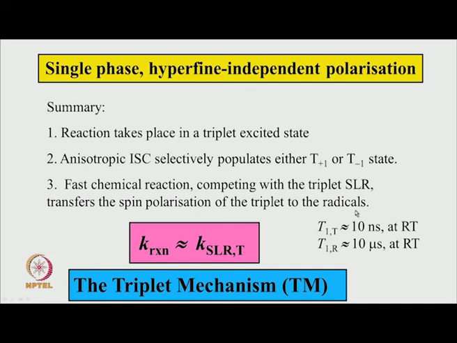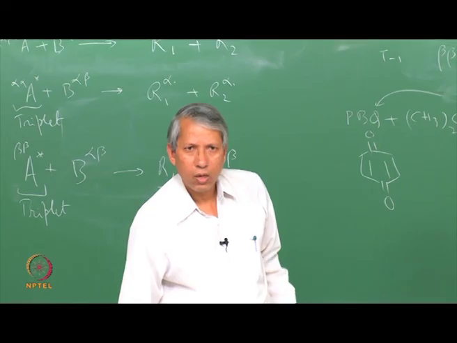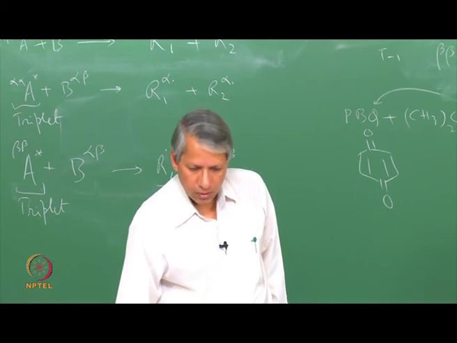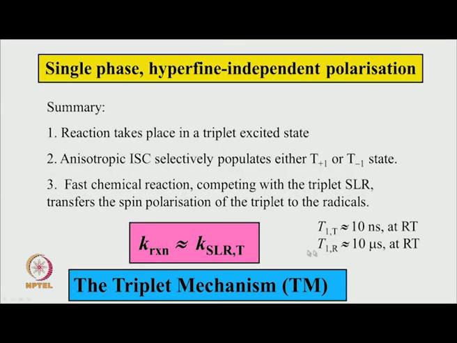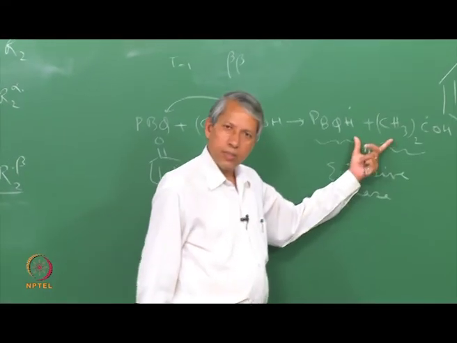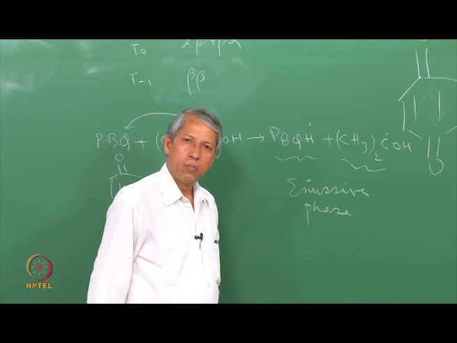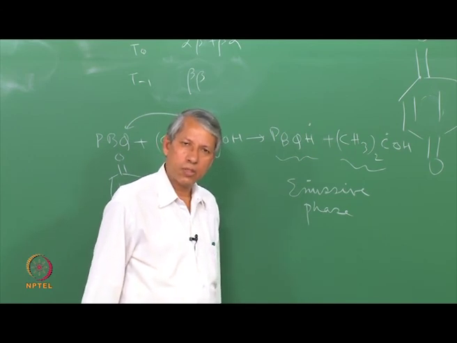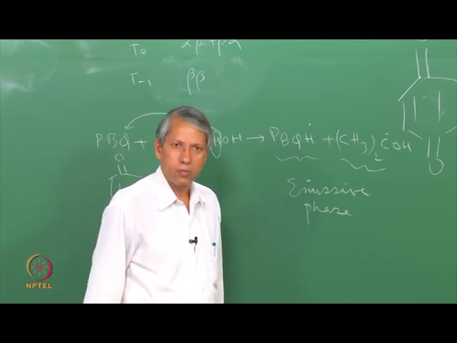Not all reactions are such fast reactions; usually electron transfer reactions or hydrogen transfer reactions are fast. Compared to that, the spin lattice relaxation of radicals is mostly in the microsecond range. So, whenever radicals are formed, they will maintain their spin polarization for several microseconds for the time resolved EPR spectrometer to record.